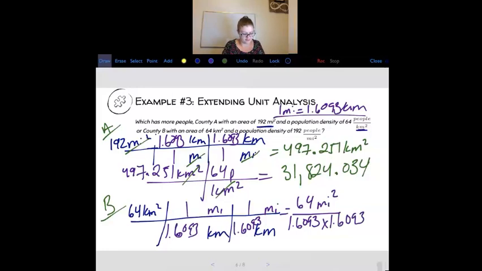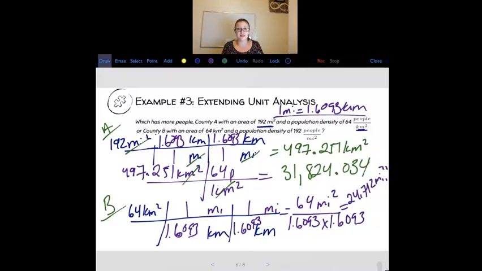So if we put that in our calculator, we get 24.712 miles squared.